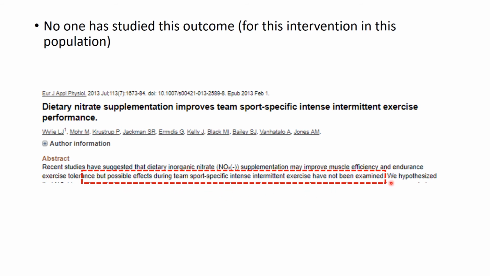So in this case, it's outcome, and it's always one of PICOS. Normally, it's a unique population, intervention, or outcome, but sometimes it can be a unique control scenario or a unique study design that no one's looked at. But usually, and particularly in the stuff that you're going to be writing about, it's going to be population, intervention, or outcome.